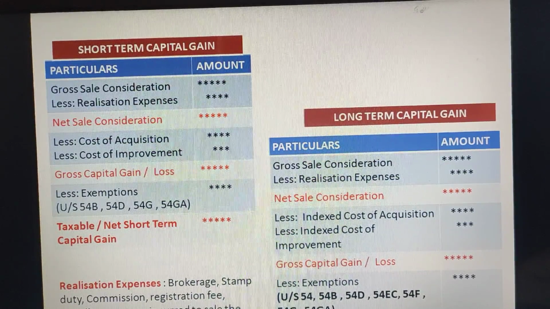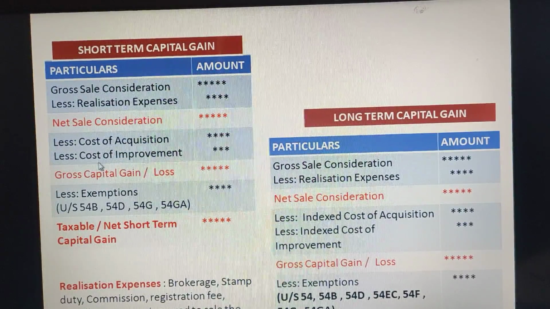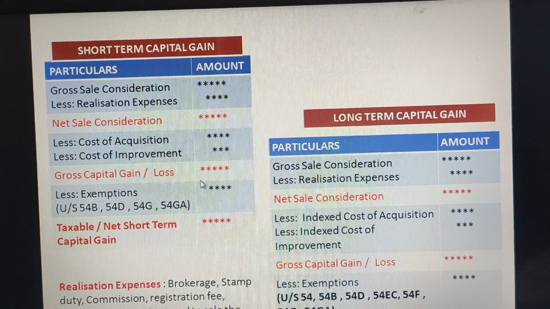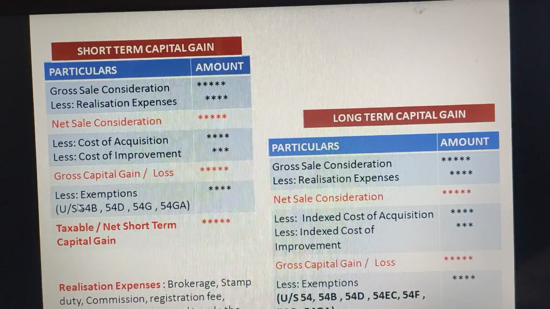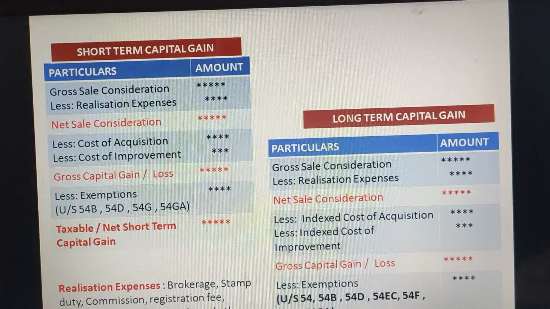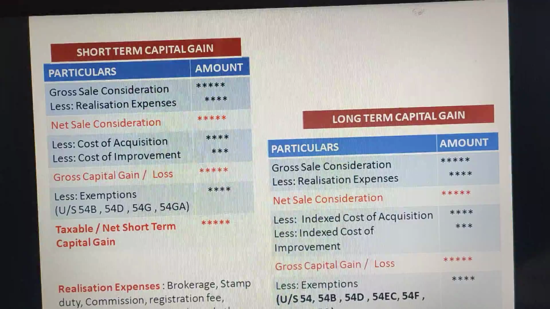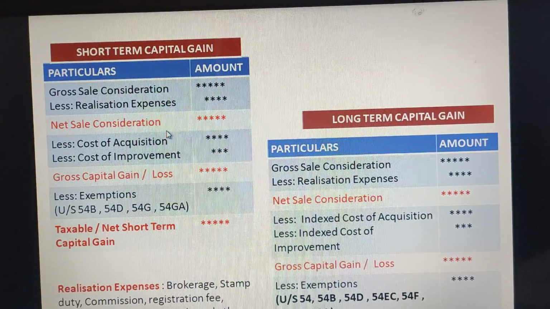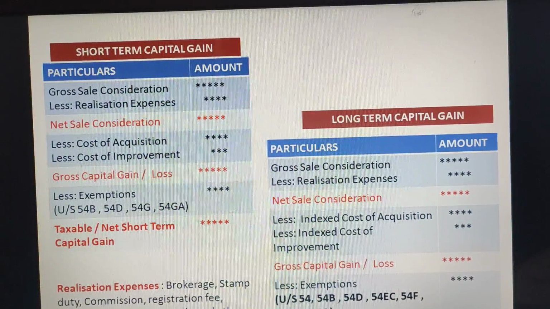With this you subtract cost of acquisition and cost of improvement. Then you will get gross capital gain. Then there are a few exemptions. If any exemption is applicable, you have to subtract it, then you will get the final answer, that is taxable short-term capital gain. This is how the computation of short-term capital gain happens.